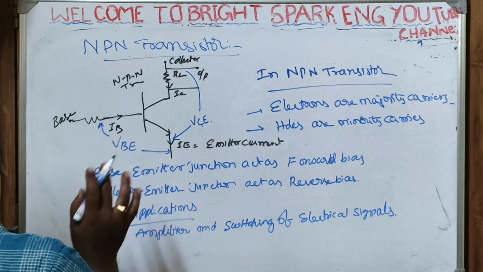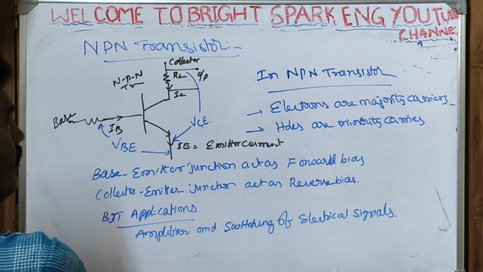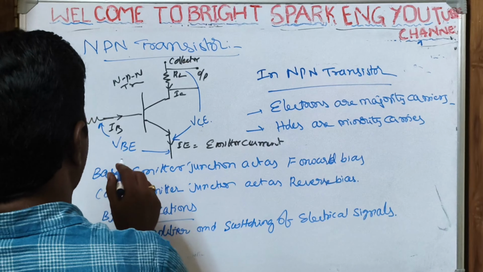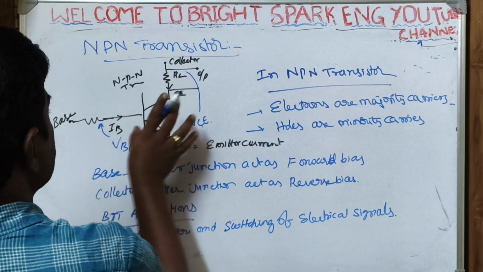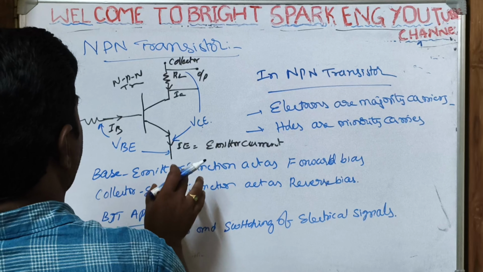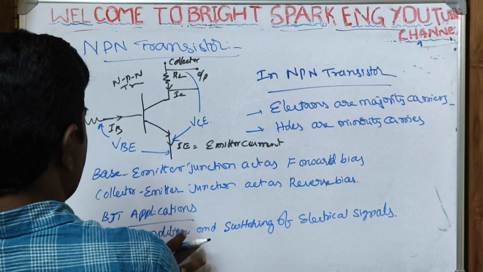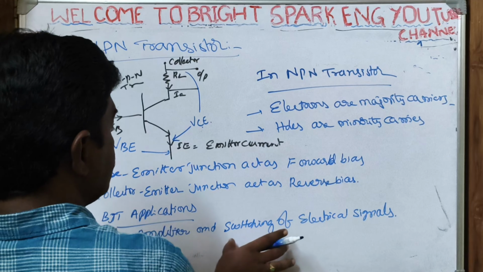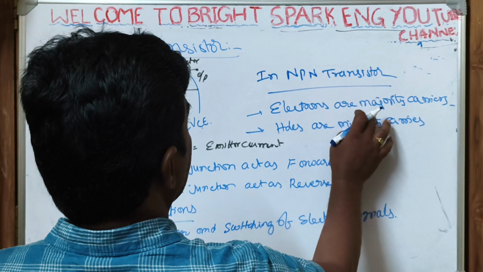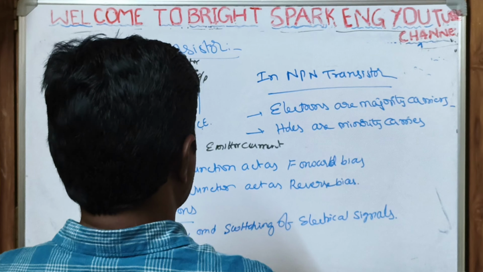Okay, this is the NPN transistor. This acts as input, this acts as output. These applications: it acts as an amplifier and for switching electrical signals. In this NPN transistor, electrons are majority carriers, holes are minority carriers.